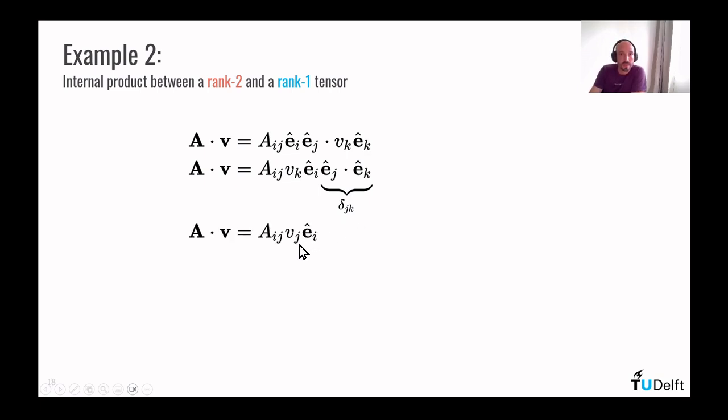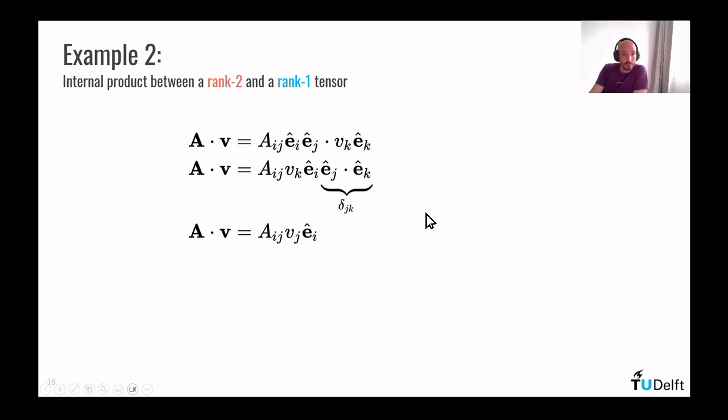In this case, I chose to replace k by j. If I had chosen to replace j by k, it would be A sub ik v sub k in the direction e hat i. It would be the same thing. So this is the result.